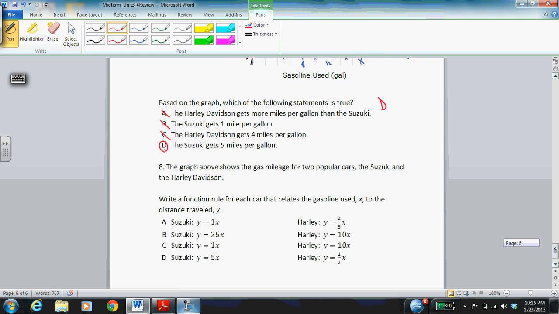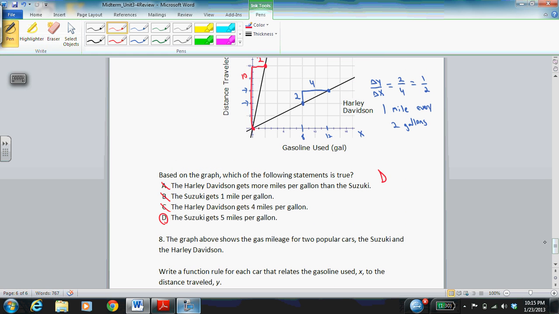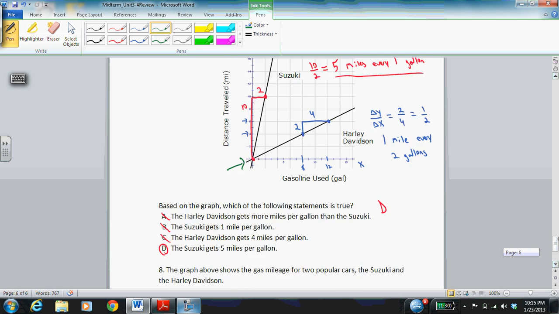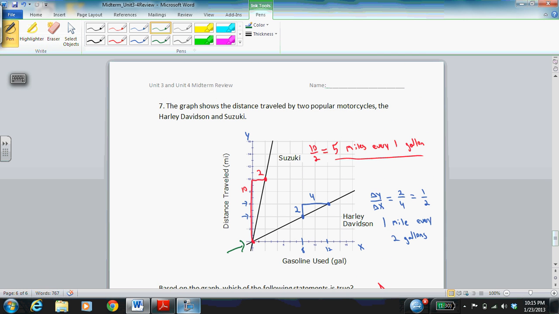Now this is helpful. Notice both of their starting values were at 0. So when we write the rules, there's not going to be a y-intercept written because it's 0. So for the Suzuki, we said the slope was 5 miles per gallon.